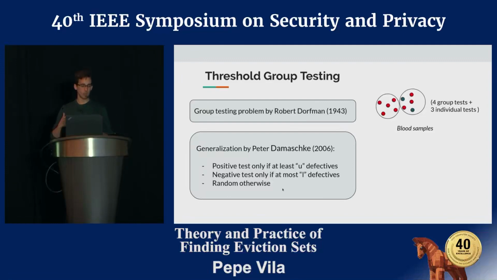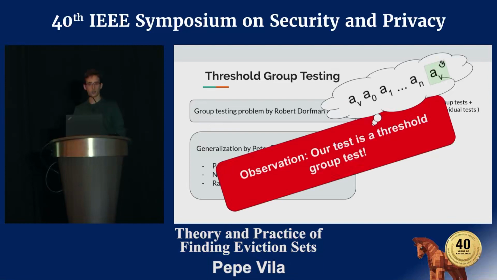And it can be either a positive or negative answer with random probability in any other case. So our key observation here is that our test for an eviction set is actually a threshold group test. If you think about how this works, our test will only give a positive answer if the set contains at least associativity many addresses.